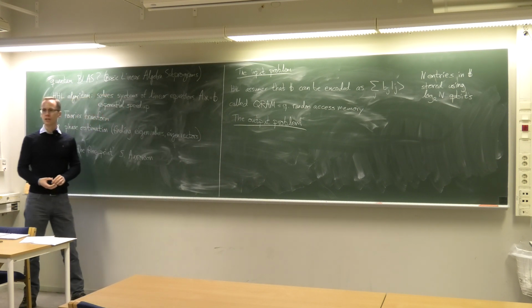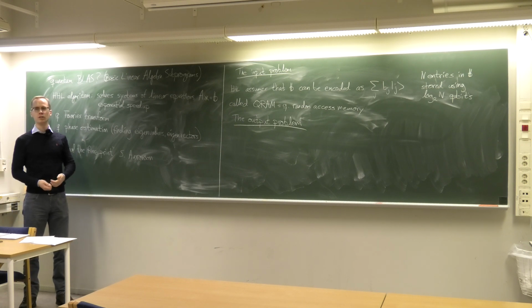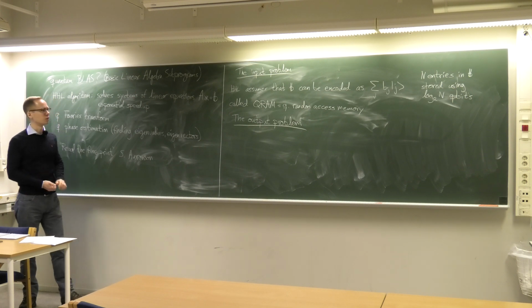But what you actually get when you run HHL is not that your computer spits out x. It ends up in some state where you can do some measurements. You can sample properties of this solution vector x, but you don't get x explicitly. So you need to ask for the right things for this algorithm to be used.